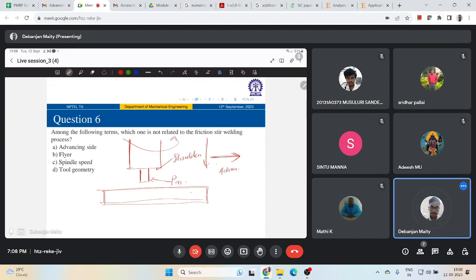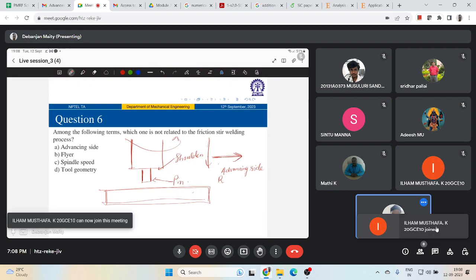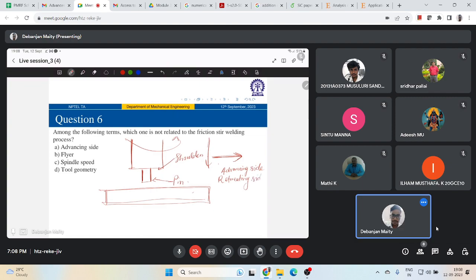So there are a few concepts of what is the advancing side.